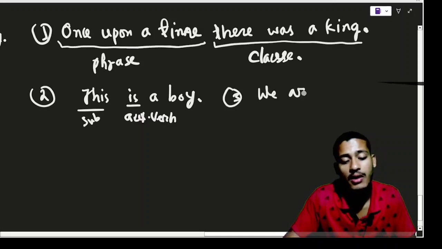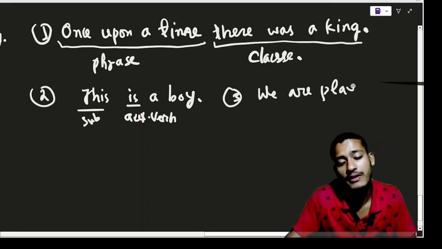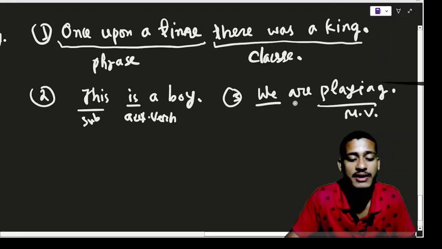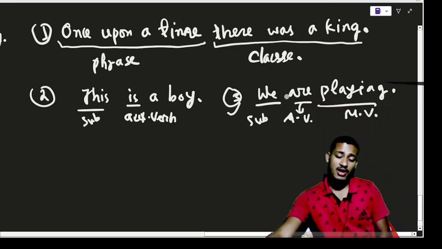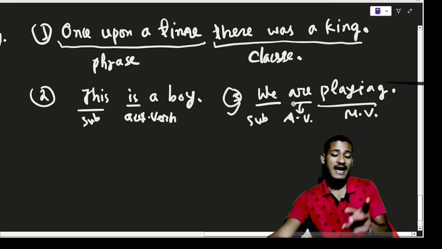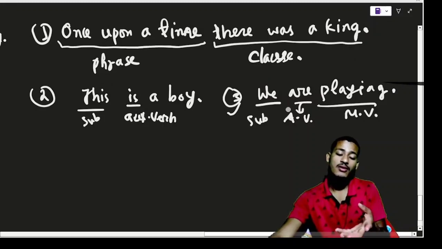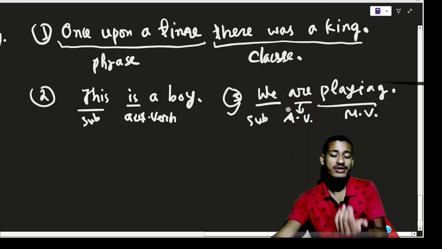We are playing. Yes, and this is the main verb. Auxiliary verb. यहाँ पे देखिए, यहाँ पे क्या हो रहा है इस सेंटेंस में। So this is a sentence. We are playing, this is a clause also. It's a group of words that have a complete meaning.